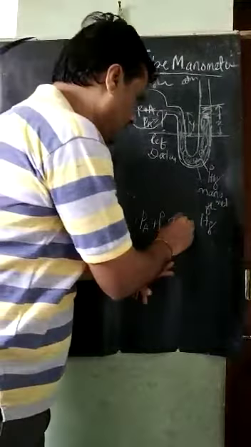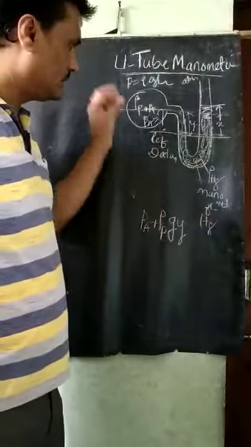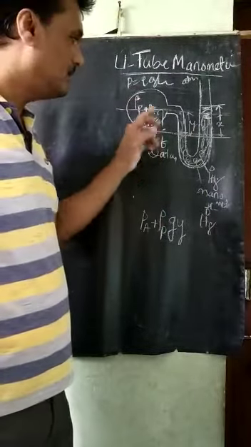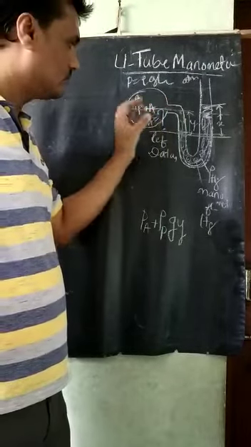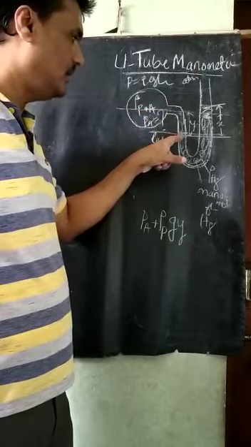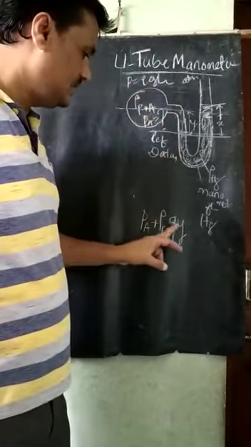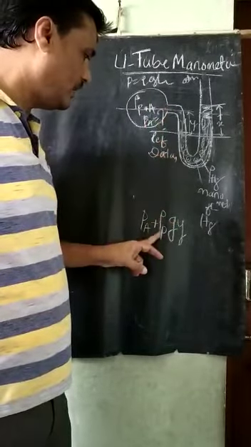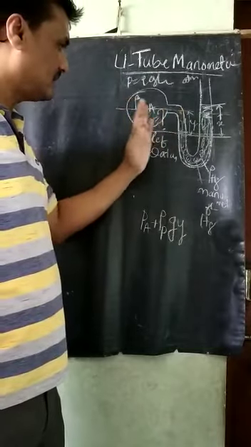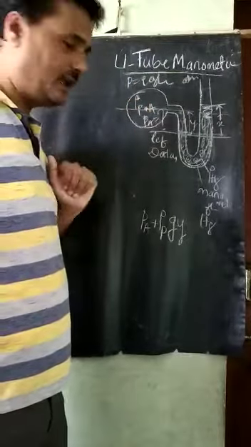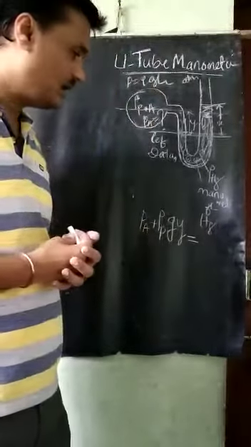So the pressure applied by the pipe fluid at the left limb on the mercury, the manometric fluid, is rho g h, where rho is the pipe fluid rho P, g, and the height is Y. These are the two pressures at the left limb above the reference line. This should be equal under equilibrium because it is under a stable condition.